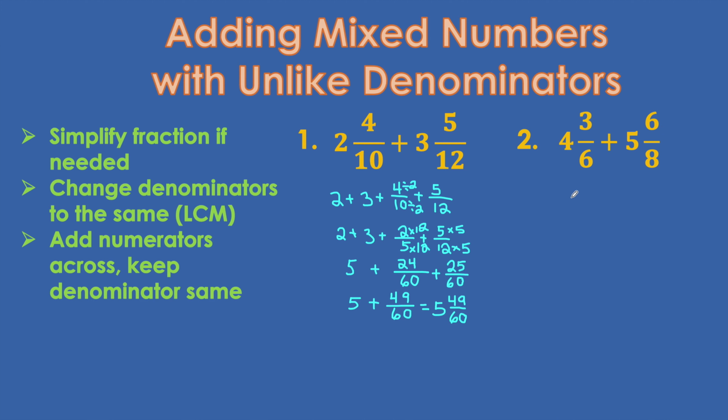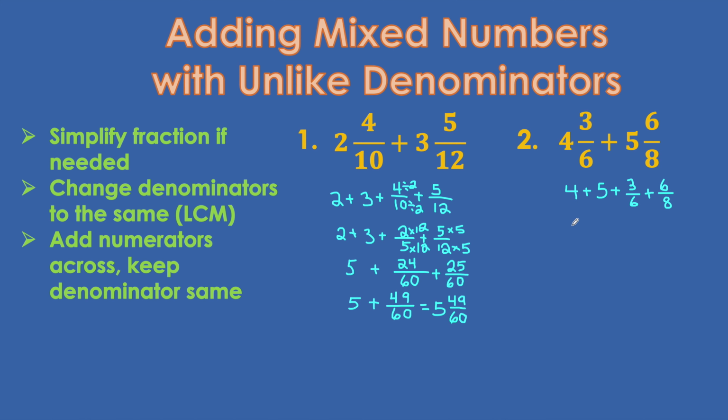You can simplify the fraction if you need to, but before that you can separate the whole numbers and the fractions. So we have 4 plus 5 plus 3/6 plus 6/8.